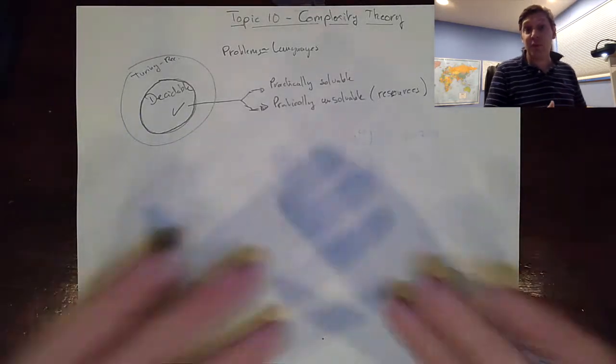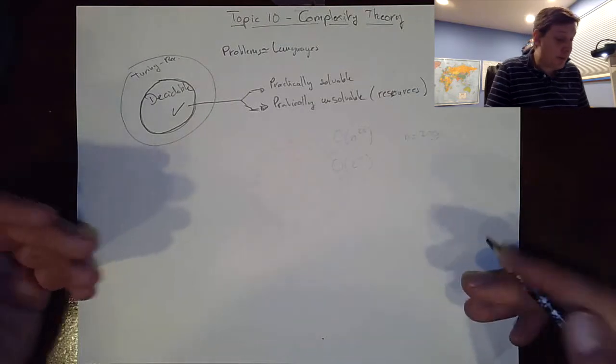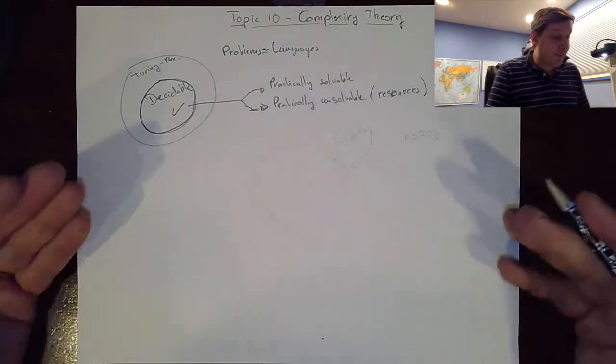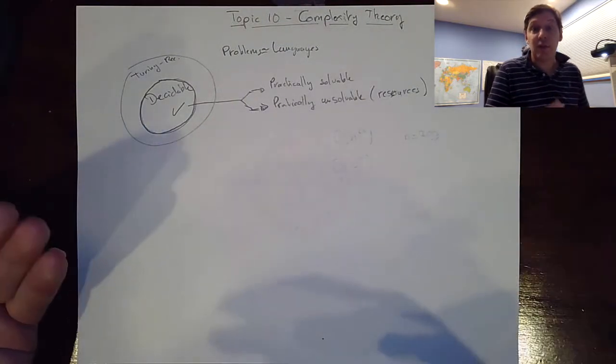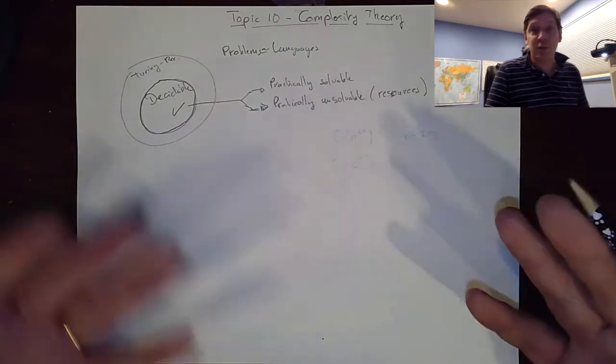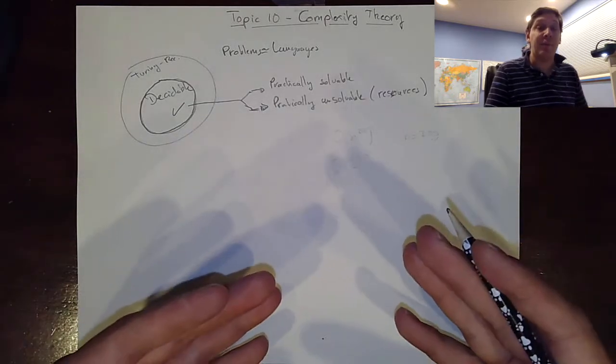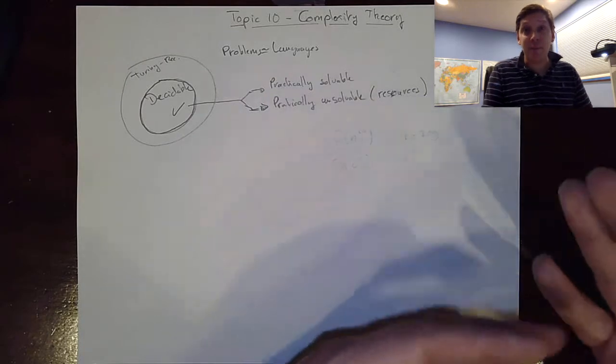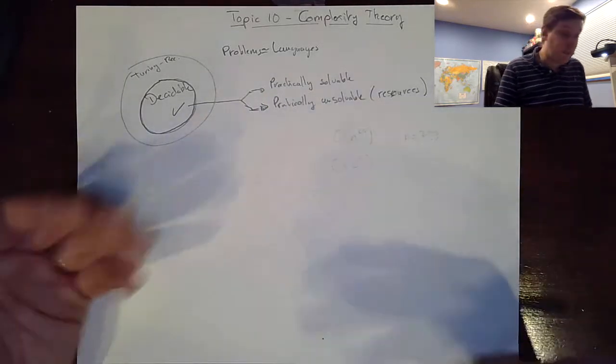So as you've seen before in previous classes, complexity is conveniently distinguished between algorithms that have polynomial time for resolution and exponential time, right?